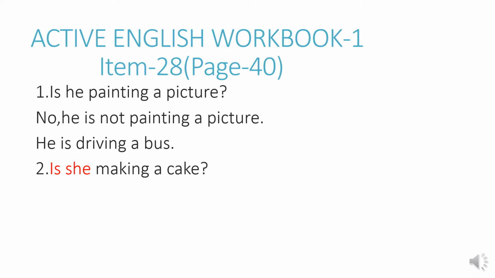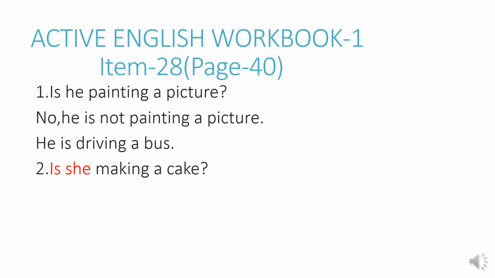Miss already told you that if it is a girl, then we have to use the pronoun she. With she, we use the auxiliary verb is. And if it is a question, then of course the auxiliary verb appears at the very first. So, is she making a cake? Do you think that she is making a cake? No, she is not.